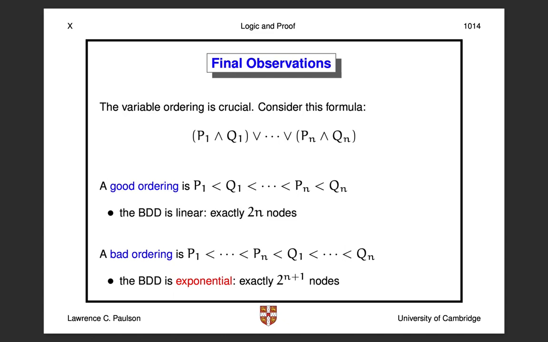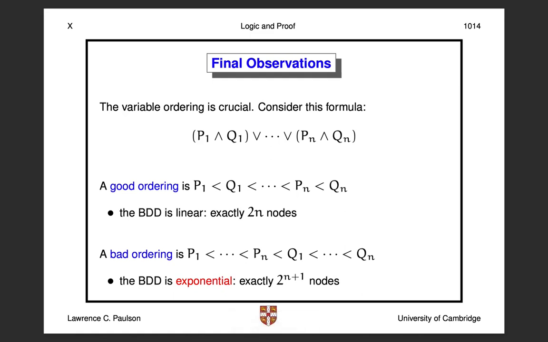Now, it turns out the best ordering for a BDD is one in which related variables are close together. So the best ordering here is, as shown, P1, then Q1, then P2, then Q2, etc., finally Pn, and then finally Qn.